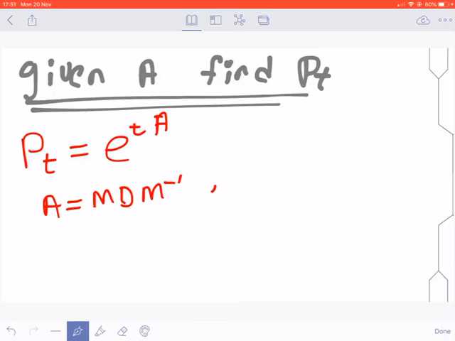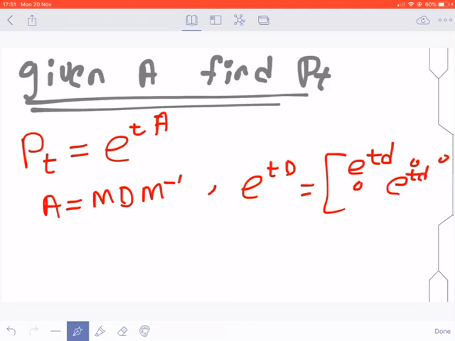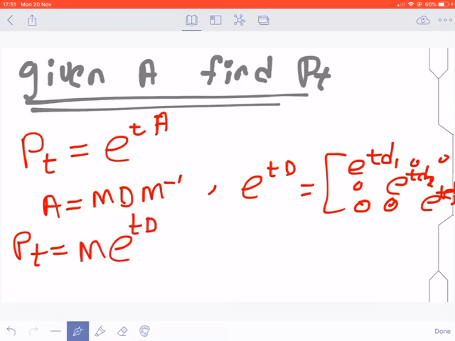And then you know by definition that e to the power of T times a diagonal matrix is just the exponential of each diagonal value. So with diagonal 1 and diagonal 2, you just have e to the power of d1 T, e to the power of d2 T, and so on. This is how you find the diagonal values. And then P of T would therefore be equal to M times e to the power of T times the diagonal, times M inverse.